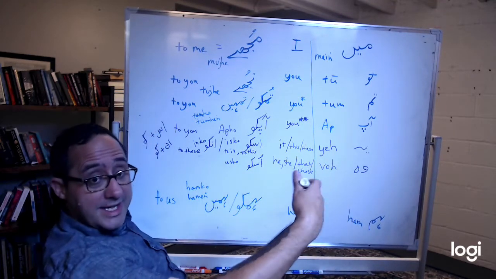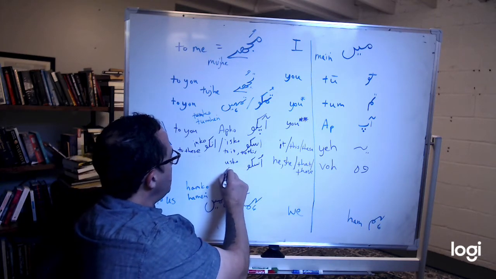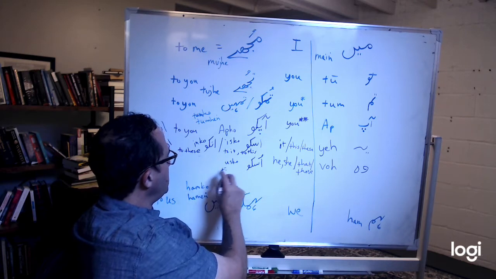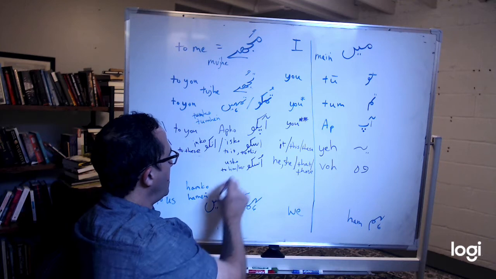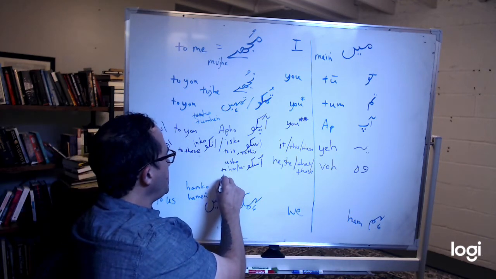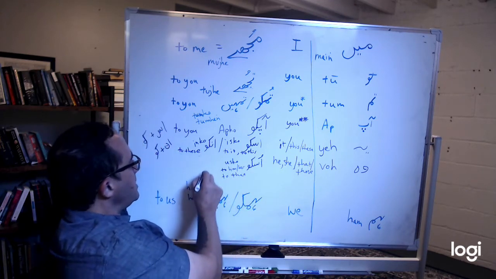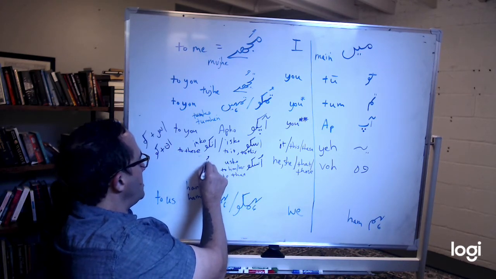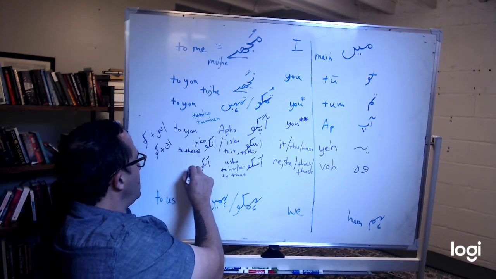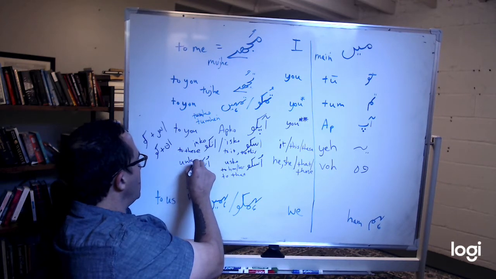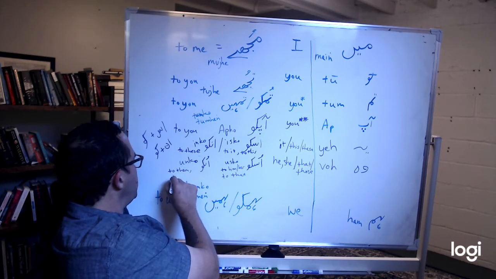Usko, to him or her, or to that. Unko, to them, to those.